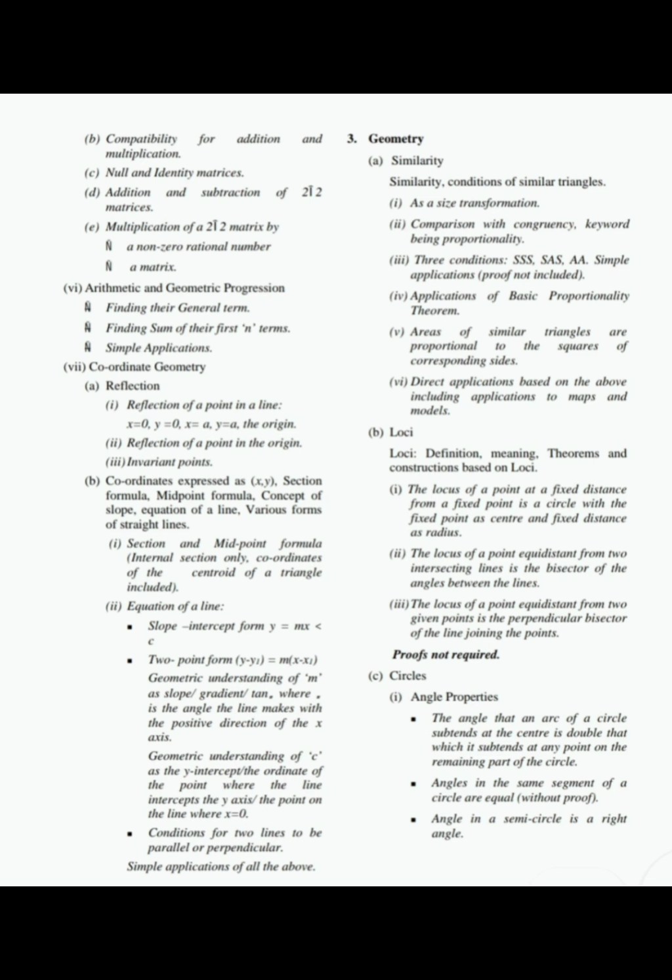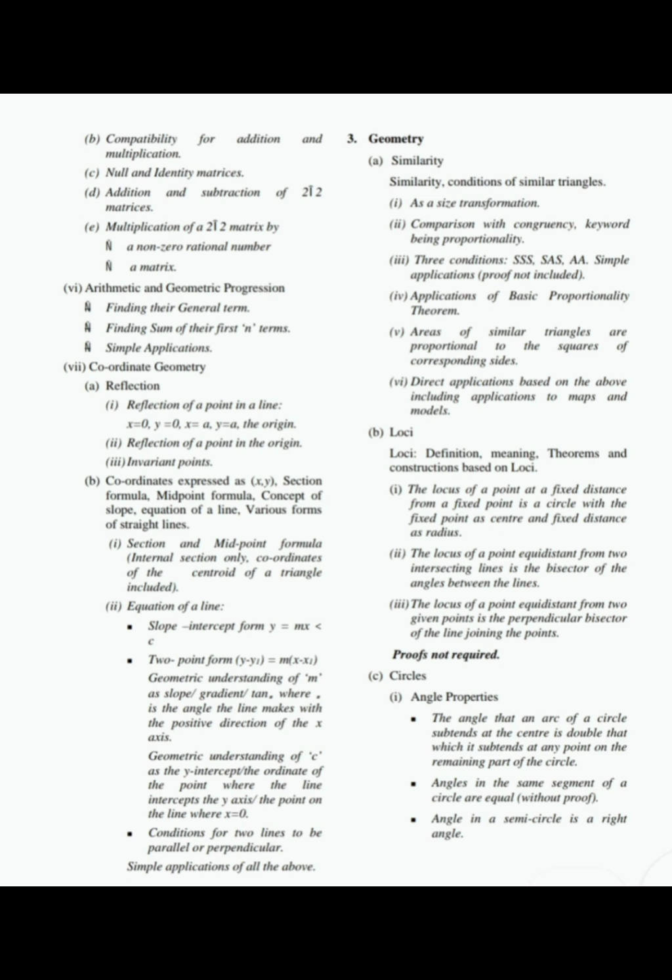Coordinates expressed as (x, y), section formula, midpoint formula, concept of slope, equation of a line, various forms of straight line. Section and midpoint formula: internal section only. Coordinates of the centroid of a triangle are included. You have to study internal section only.